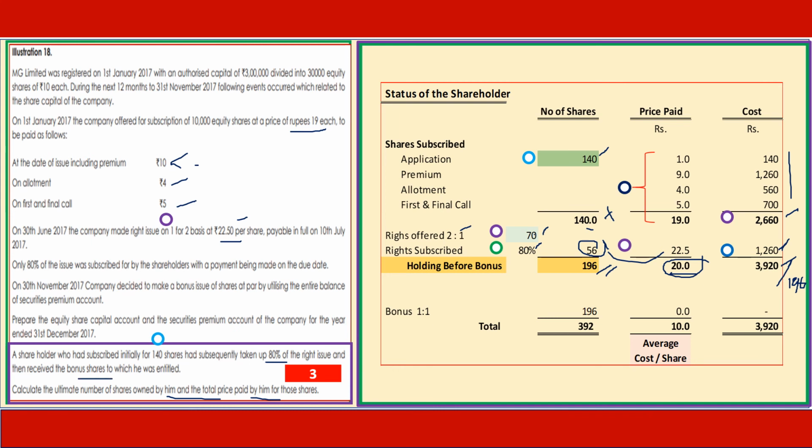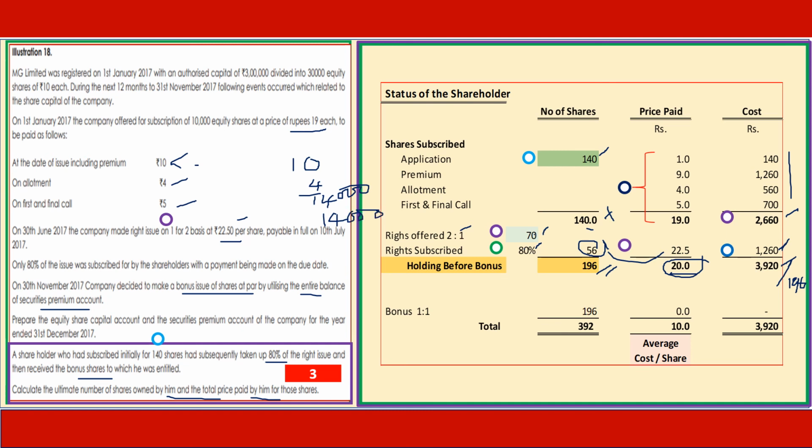What was the ratio of bonus? When they issued bonus shares at par by utilizing the entire balance of securities premium account, what we found was there were 10,000 shares, 4,000 was rights, 14,000 was before bonus, and they received another bonus of 14,000 shares.